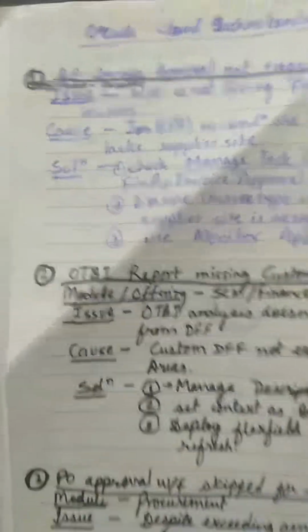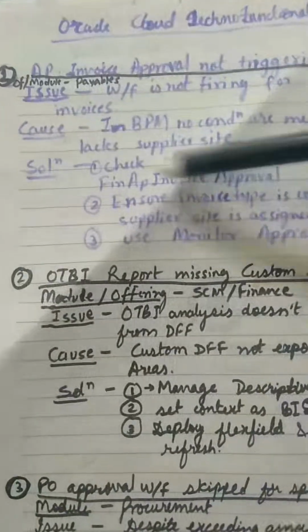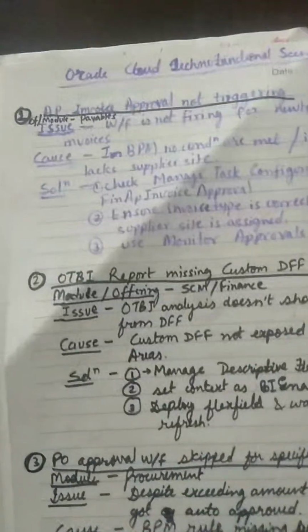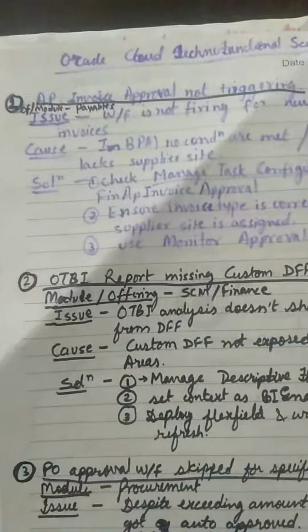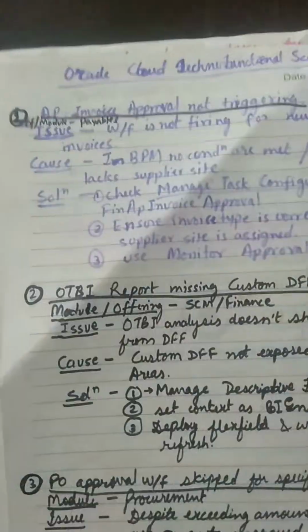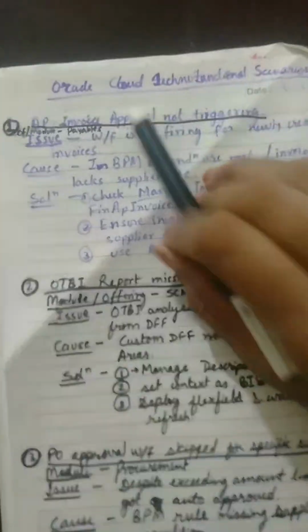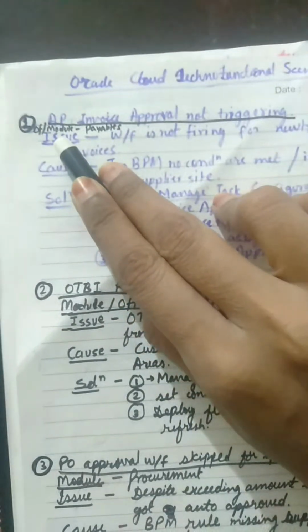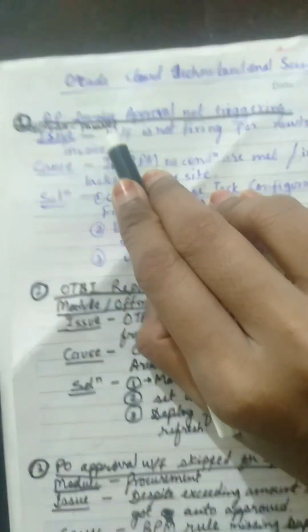So one of the first things, if you are into workflow or BPM and you need AP invoice approval, but in a few cases it doesn't trigger, so that is the issue. The module or offering is Payables.